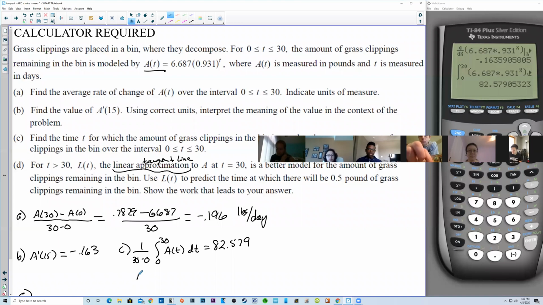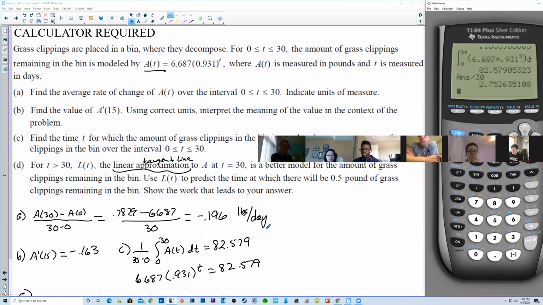So now we set 6.687 times 0.931 to the t equal to that average amount because we're finding time. I think you forgot to divide by 30. Oh, I didn't even divide by 30. You're right. Divide by 30. So now it's equal to 2.7526. Now we divide by 6.687.